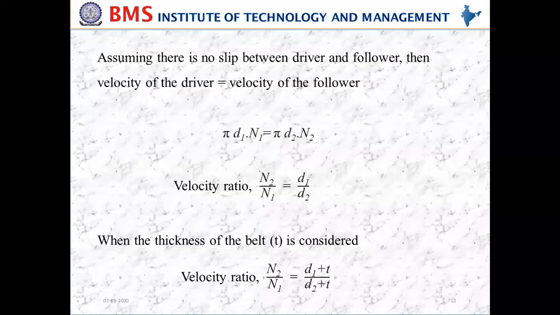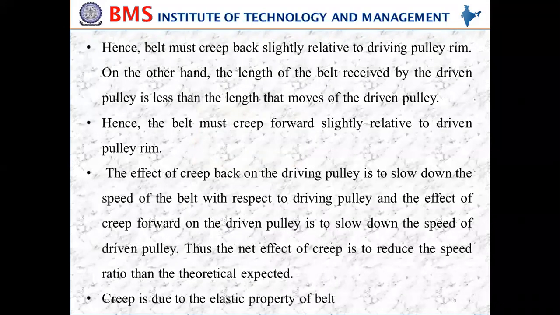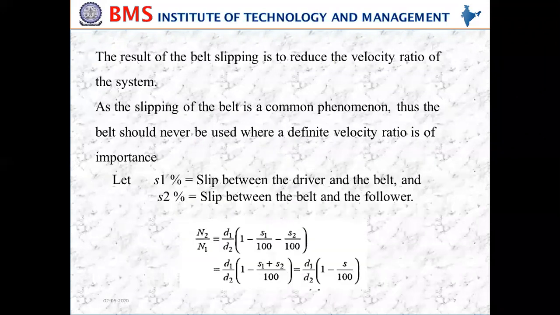And when slip is considered, we have shown that the equation is n2 by n1 is equal to d1 by d2 into 1 minus s by 100. So when the slip is considered, the velocity ratio n2 by n1 is equal to d1 by d2 into 1 minus s by 100.